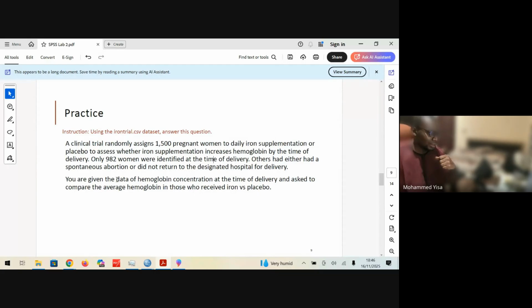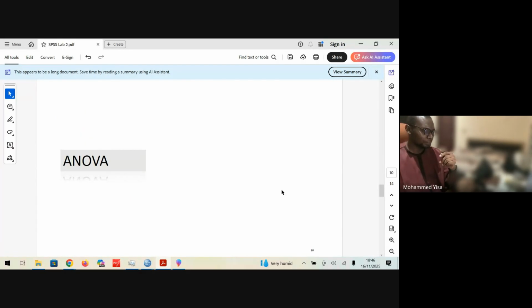Others either had a spontaneous abortion or did not return to the designated hospital for delivery. You are given data of the hemoglobin concentration at the time of delivery, and you are asked to compare the average of hemoglobin in those who received iron versus placebo. So you lost almost 600 participants to follow-up out of 1,500.